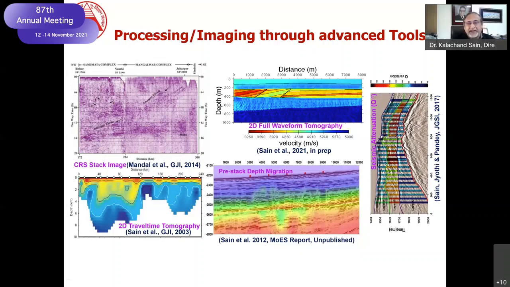The reservoir can be a hydrocarbon reservoir or even groundwater; all sorts of things we can characterize by computing seismic attributes, and one of the attributes we are showing is attenuation.